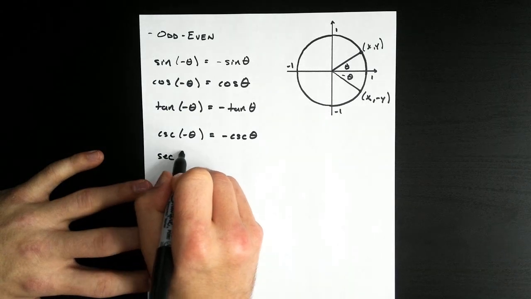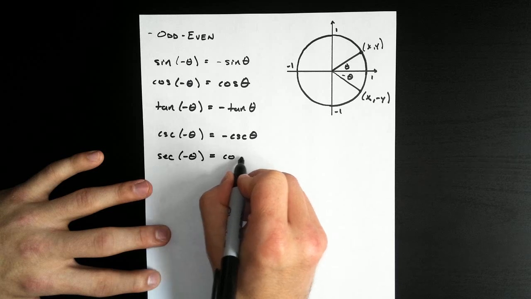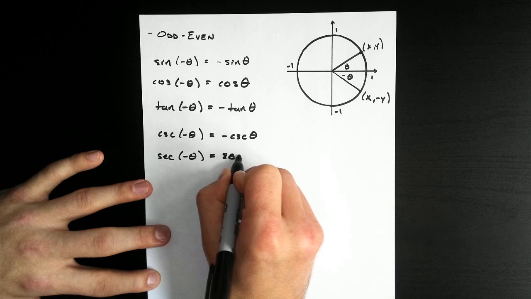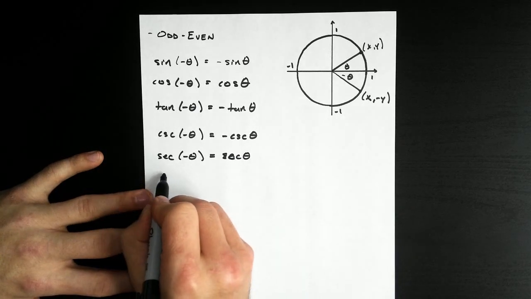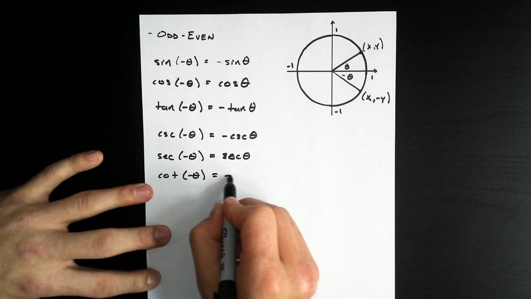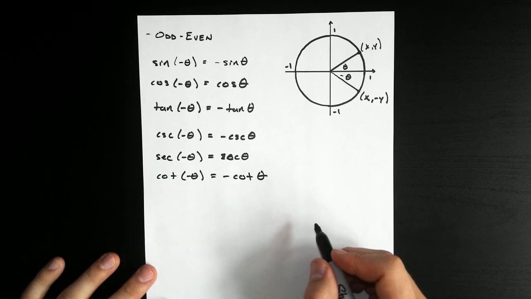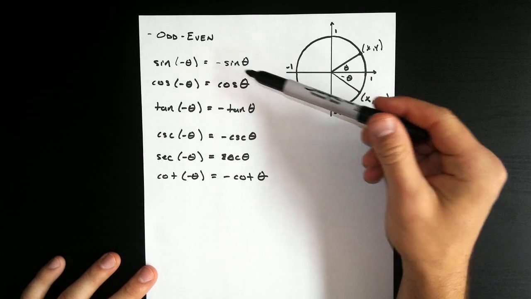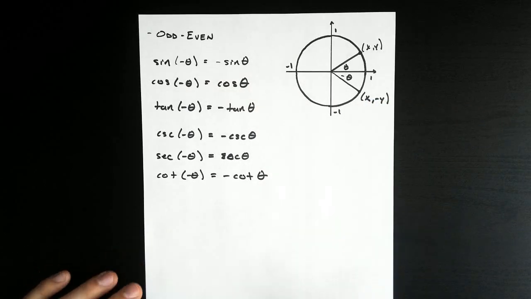The secant, this is the reciprocal of the cosine, so this one is also even. I wrote that bad. And then the cotangent, the reciprocal of tangent, so this one is also odd. Okay. So sine, odd, so it's the opposite. Cosine is even, so it stays just the same.